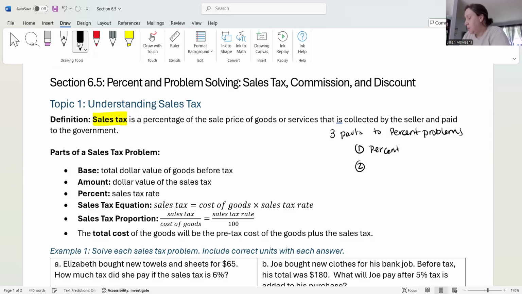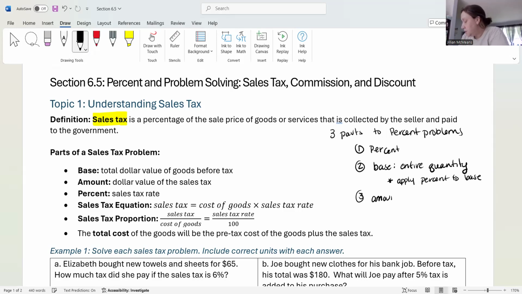But then we have an amount and we have a base. The base is the entire quantity considered. And we take the base and we apply the percent. So we always apply, which means multiply in this case, we apply the percent to the base. Then we get some result from that, and that result is the amount.